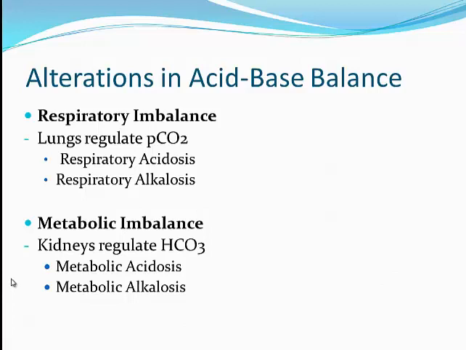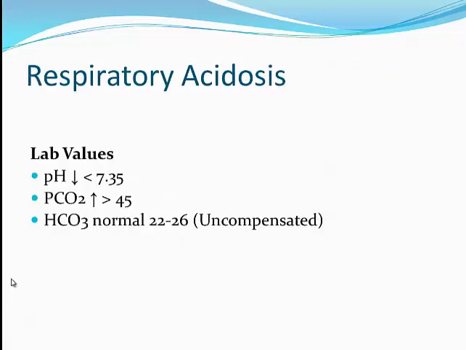Respiratory acidosis and respiratory alkalosis will not occur at the same time. Other acid-base imbalances can occur at the same time. Now the metabolic imbalances: the kidneys regulate your HCO3, which is your bicarbonate, and we may have metabolic acidosis and metabolic alkalosis.